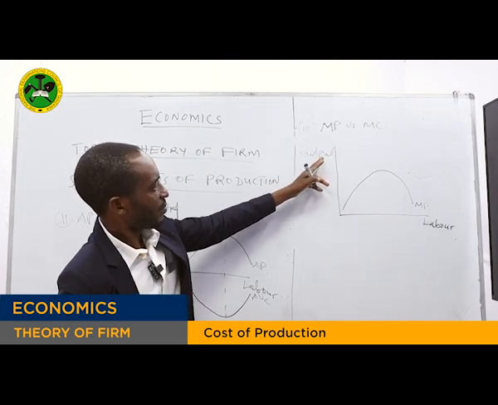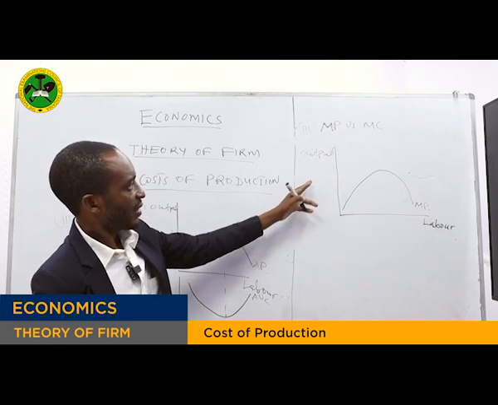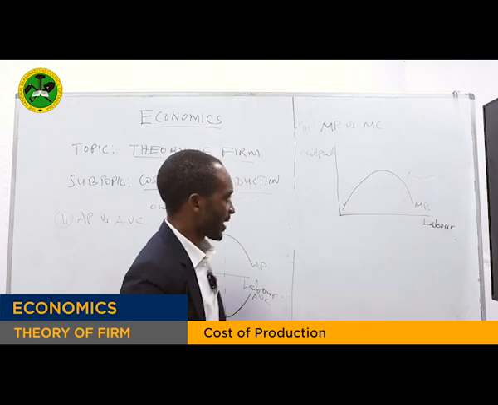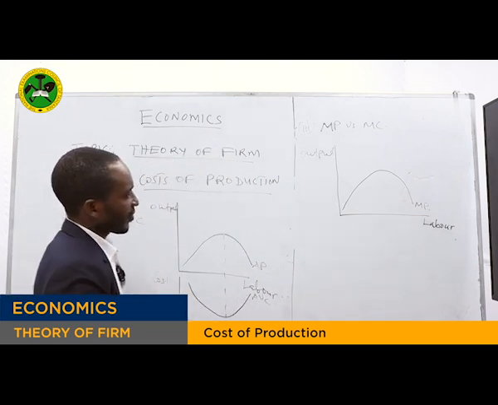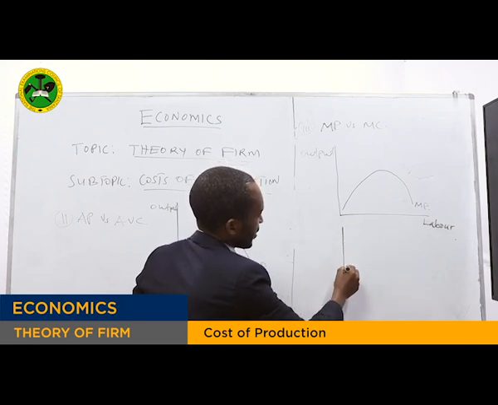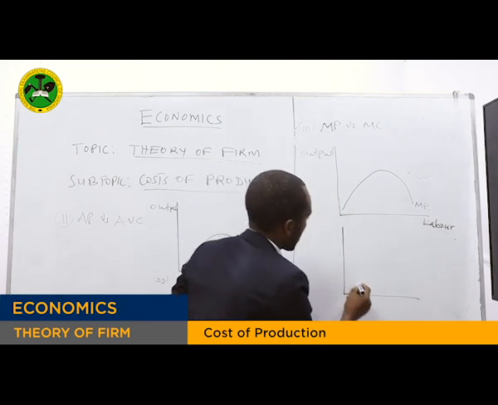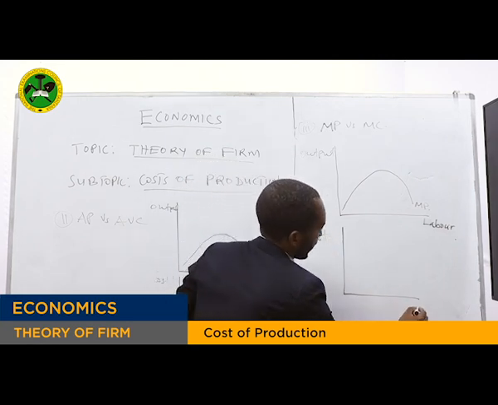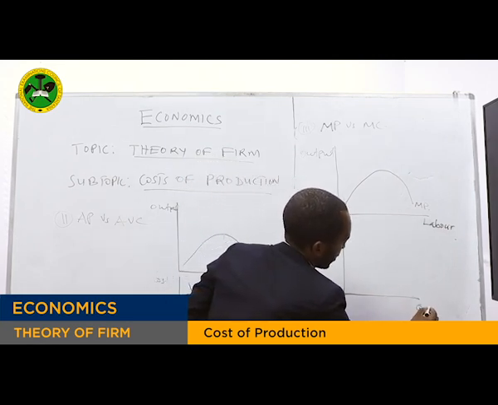The marginal product increases, then reaches a maximum, then it will decline. Then we have a cost curve, which is the marginal cost curve. Here is costs, and here is output produced.